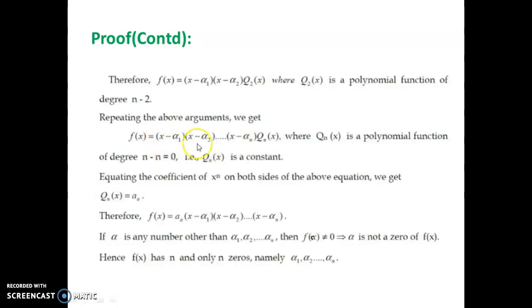Now by considering the right hand side of this expression, if we are expanding the product of these n factors, the leading term will be x^n, and the coefficient of that leading term will be qn(x).